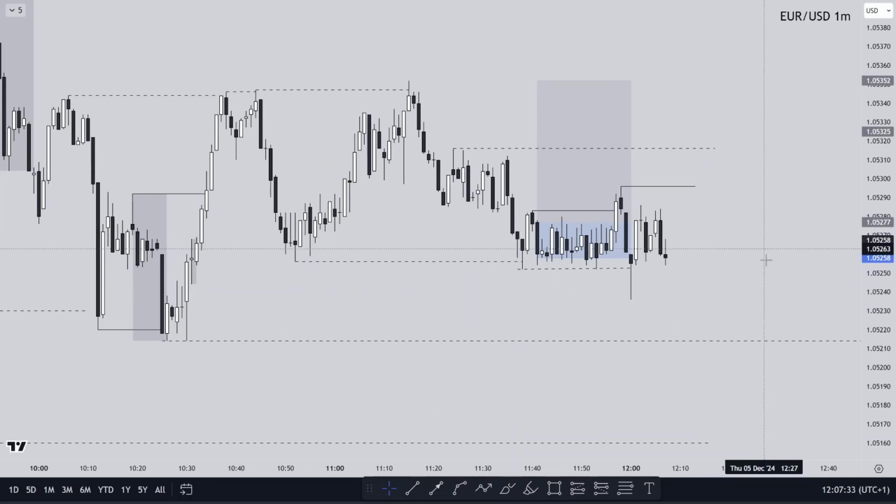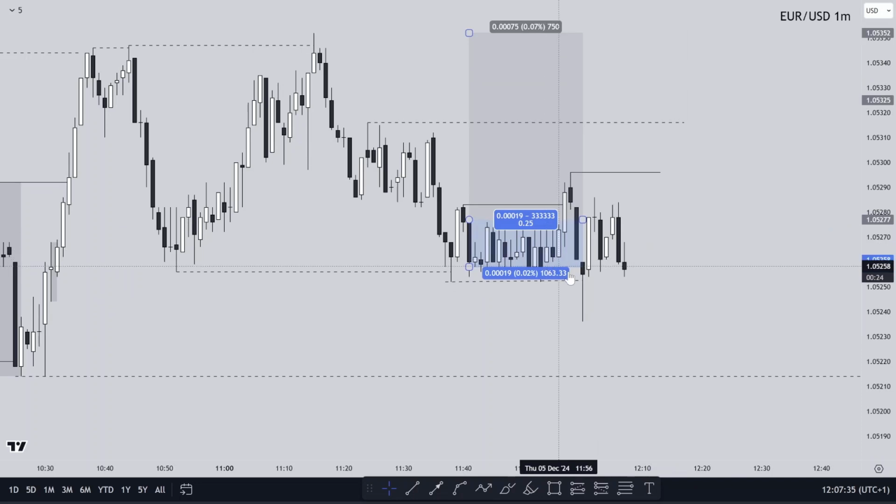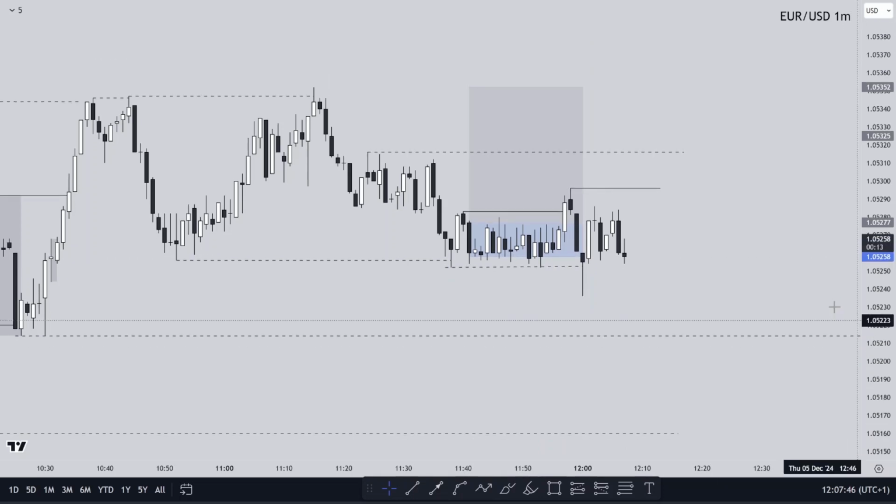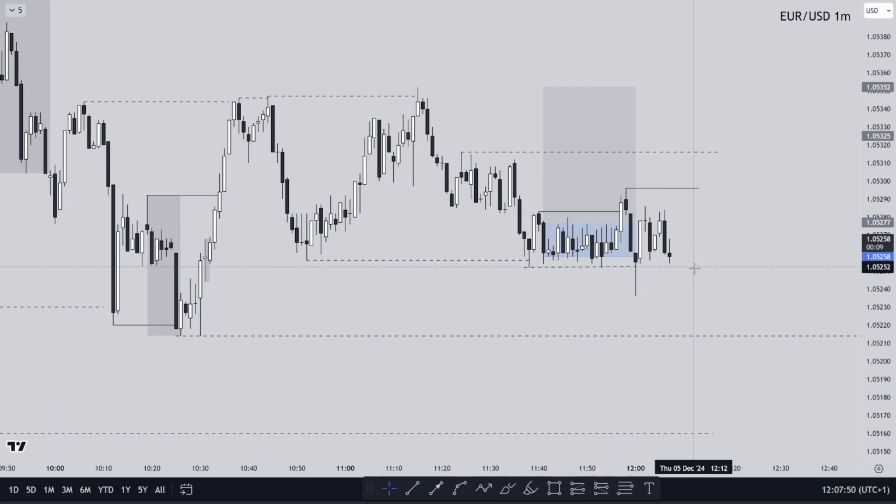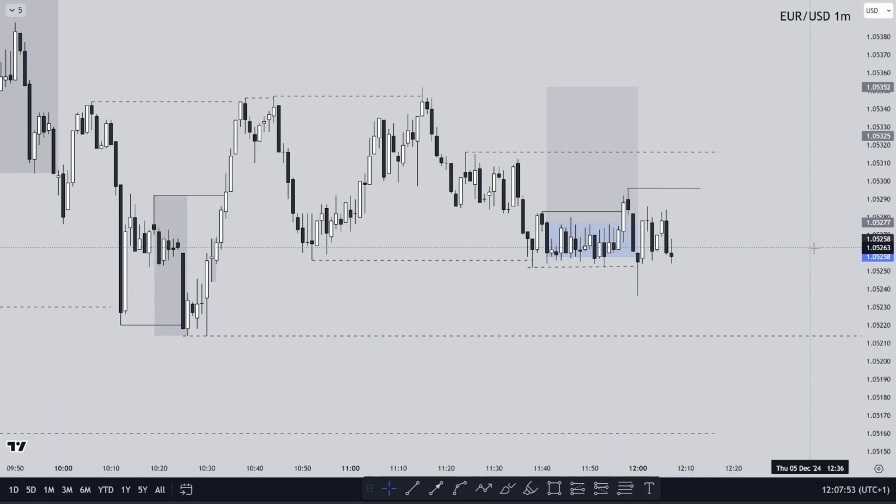I was already conscious of this. I told you before it happened that if this candle closed higher than this level, I would close the trade. So I was conscious about this, 100% sure.